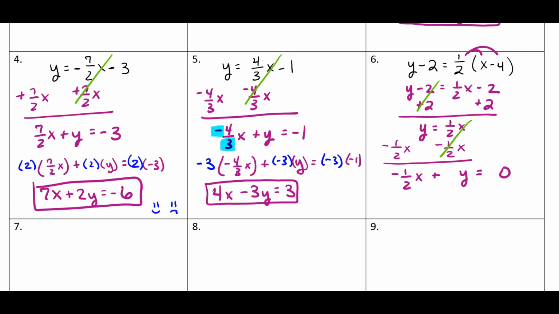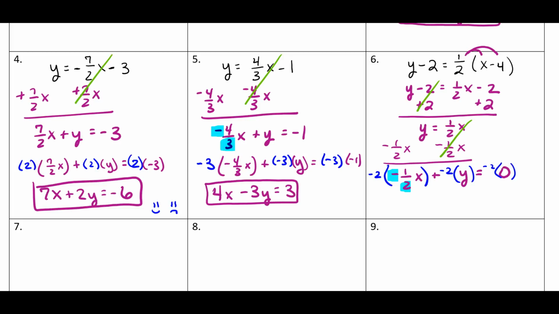Okay? So now we need to look for our checks. The problem here is that we have a negative on the x and we have a denominator of 2. So we're going to take and multiply every single term by negative 2. Even the 0.